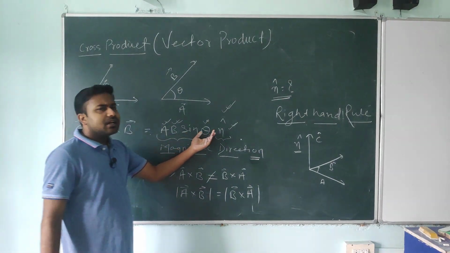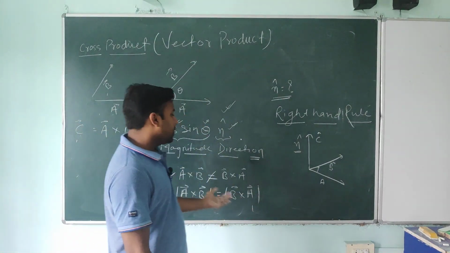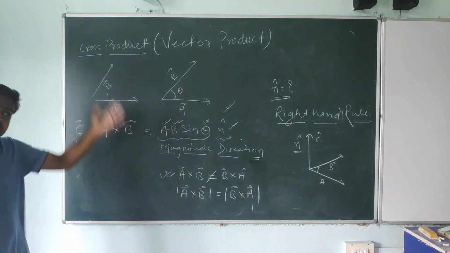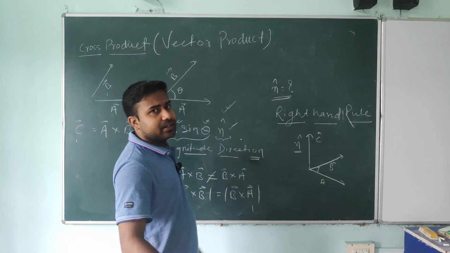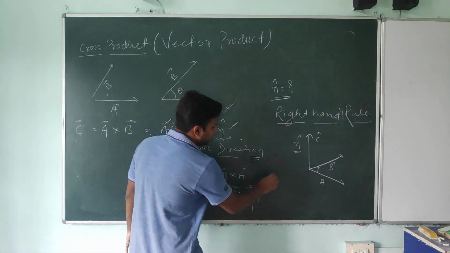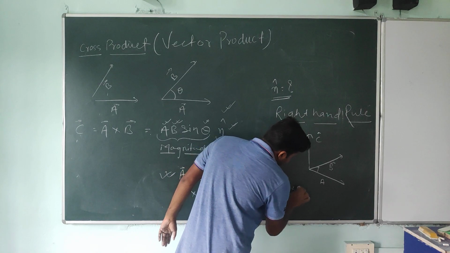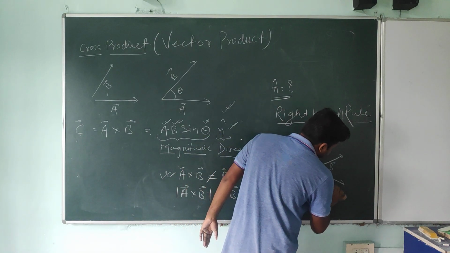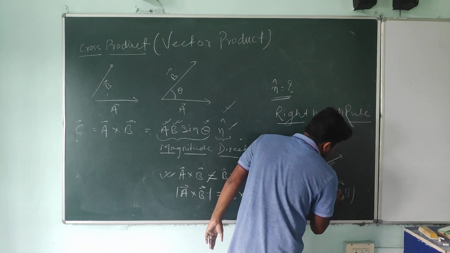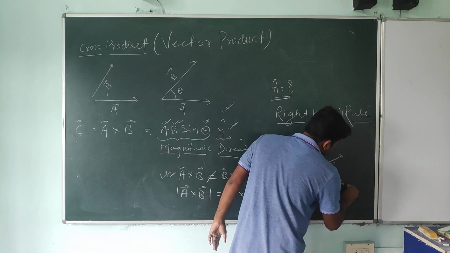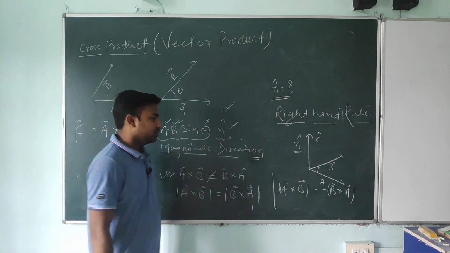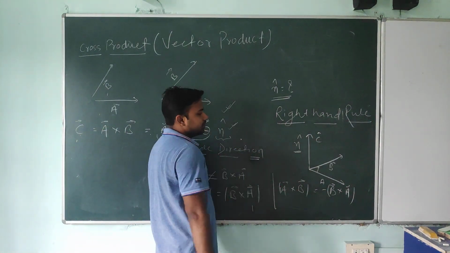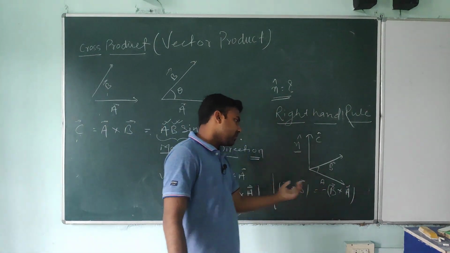In both cases you will get the same, but in one case you get the upward direction, in the other case the downward direction. It means we can write here A cross B is actually equal to minus of B cross A. Is it or not?